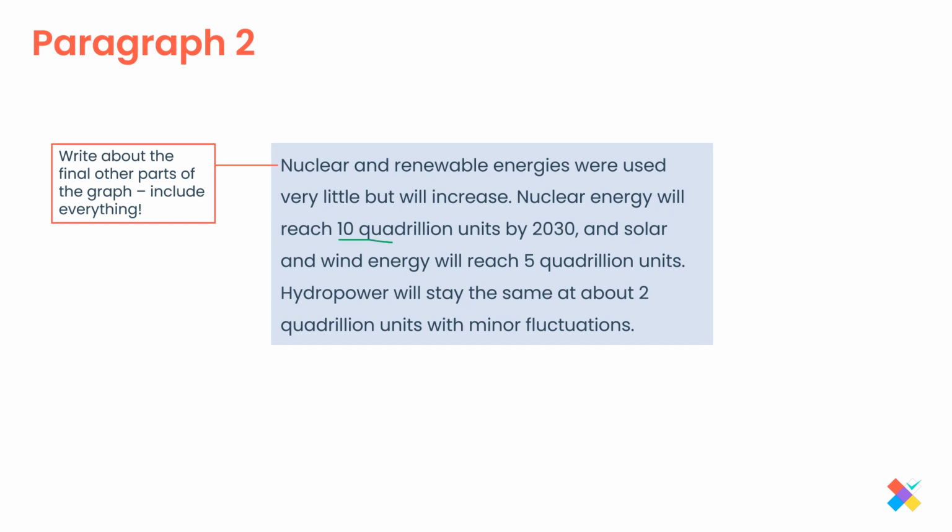Also, everything is supported with data. Time frame is also mentioned. Language, yes, it's basic, but it compares and contrasts the information and is supported by data from the line graph. So this would be it.